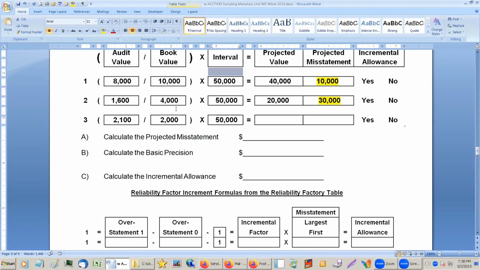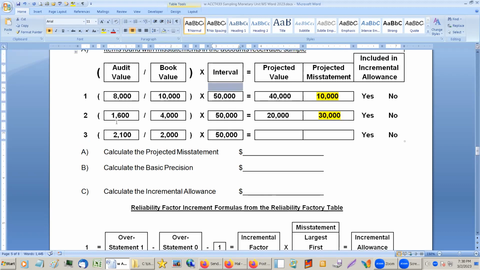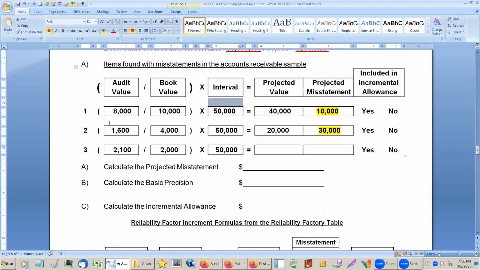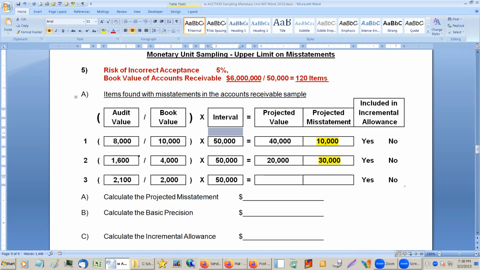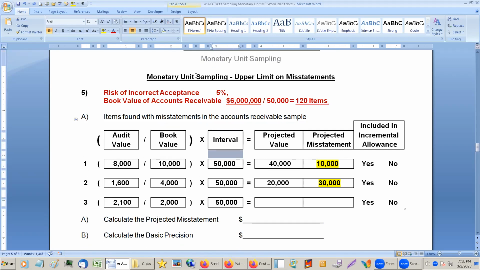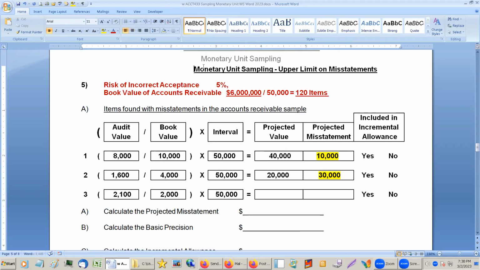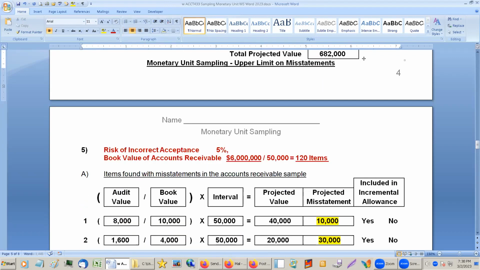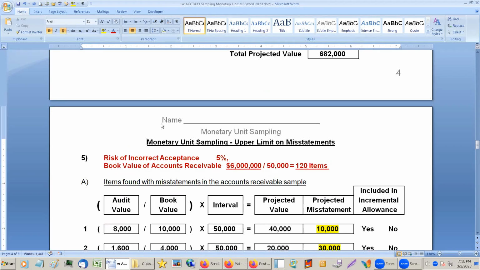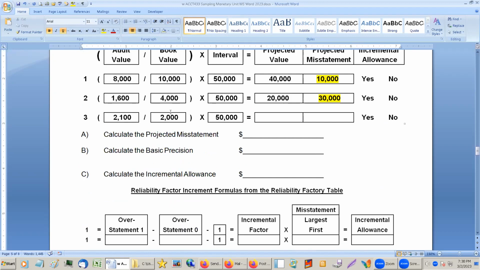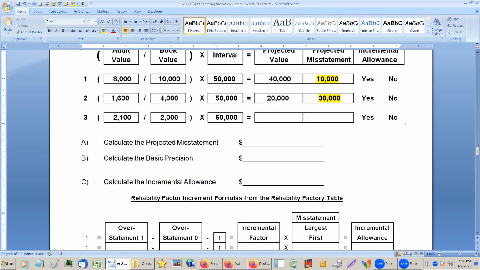Number 3 is unusual. What is unusual about it? It's an understatement. We just ignore it. Yep. Accurate. Yeah, so here you'll see this is an understatement.